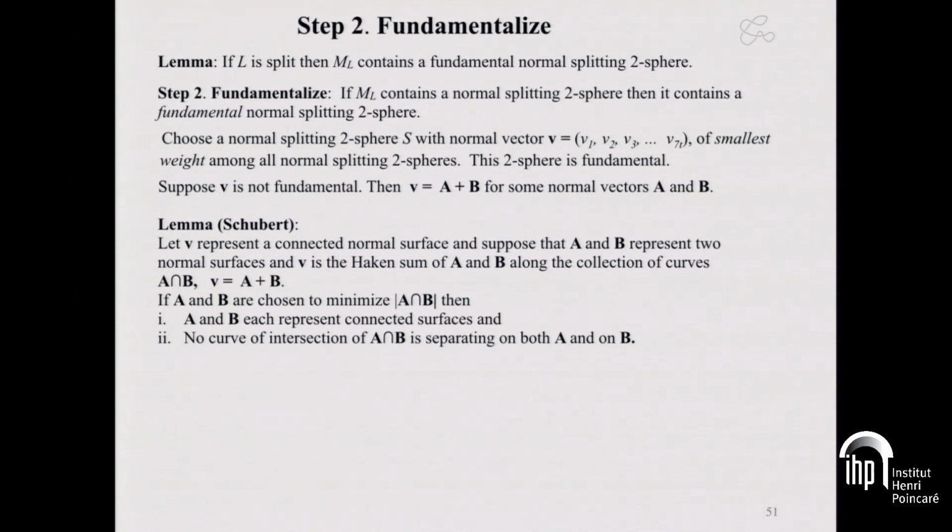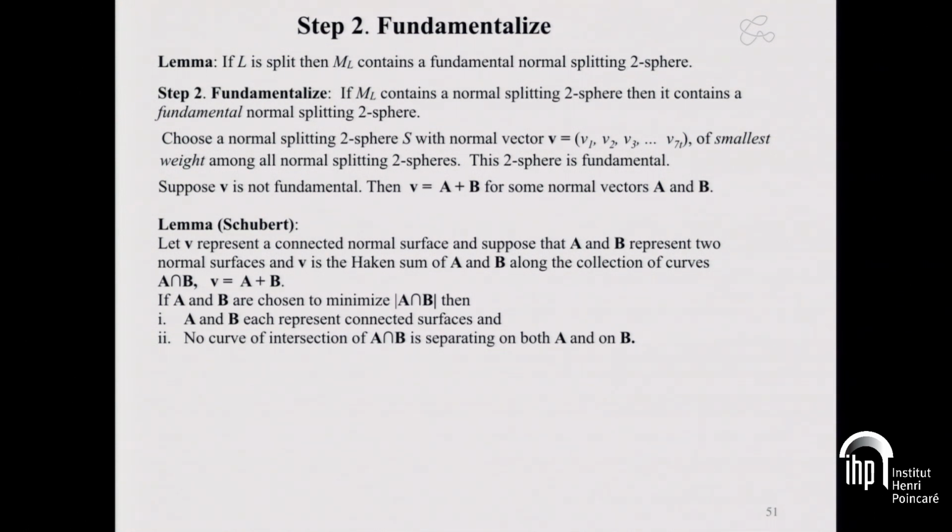And remember, fundamental means that it's not a sum of two other guys, that you can't write it as A plus B, where A and B are also normal vectors representing surfaces. So supposing V is not fundamental, supposing it is A plus B, then Schubert said, let's write it as a sum A plus B in such a way that A and B, which each represent surfaces, minimize their number of intersections.